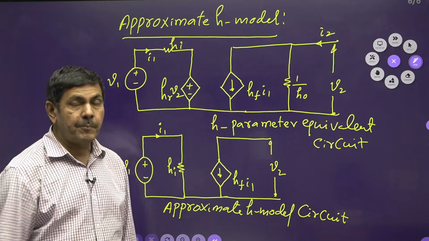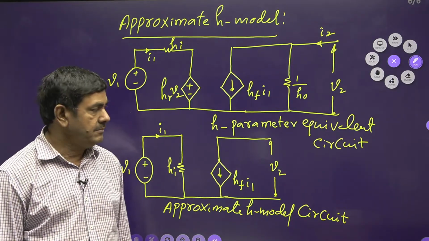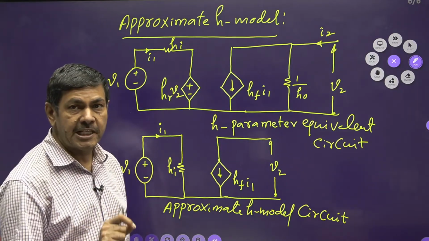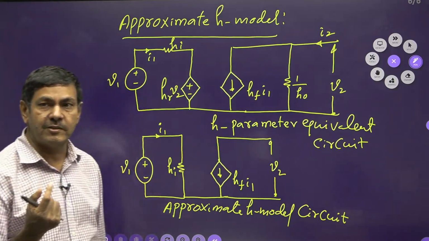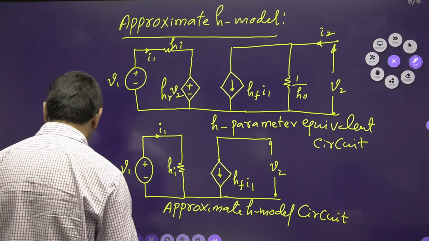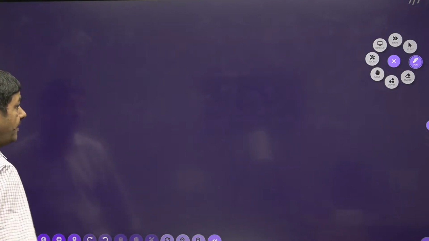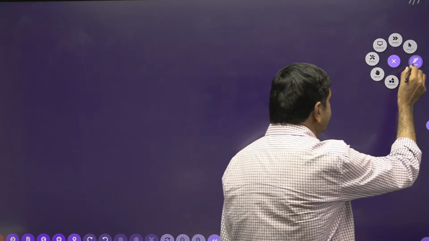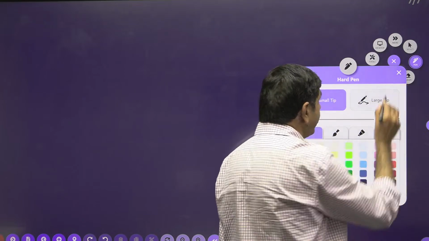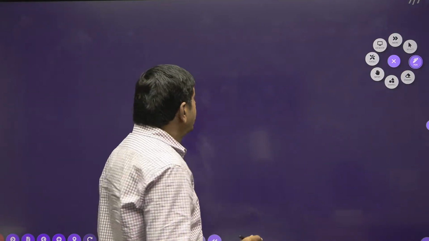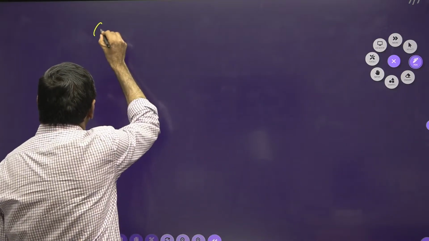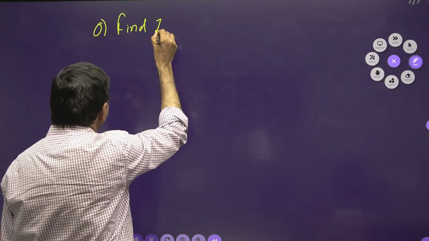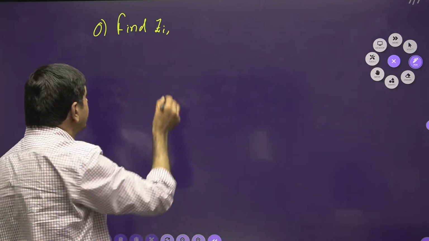Now, by using this approximate H parameter circuit, I want to find different parameters. Those parameters will be useful to do the problems. Watch how I give the formula. Suppose I ask one question, then you can understand clearly. Find Zi, the input impedance.